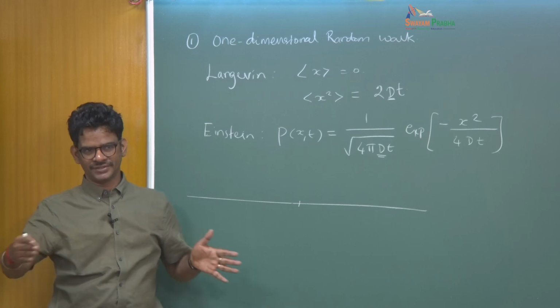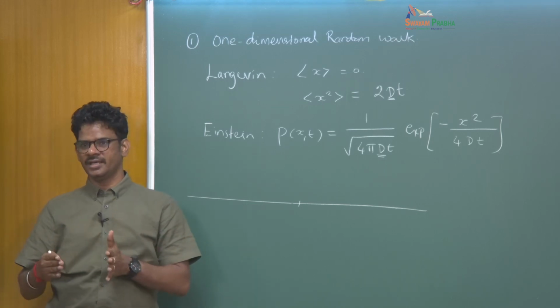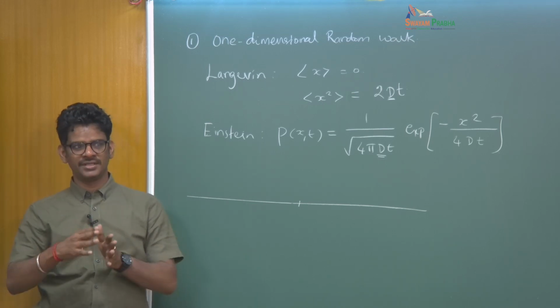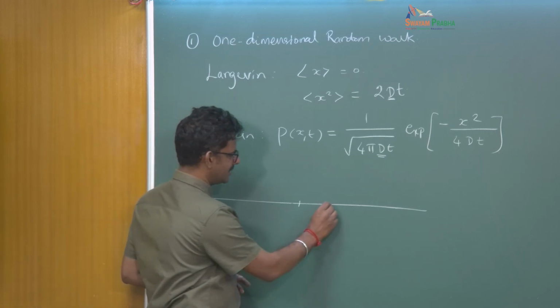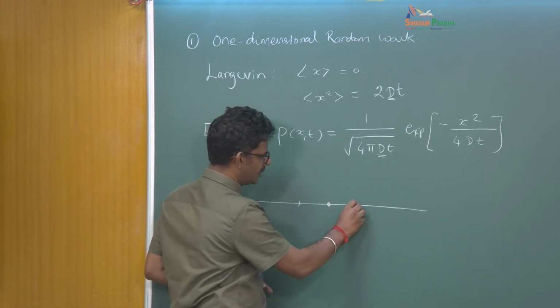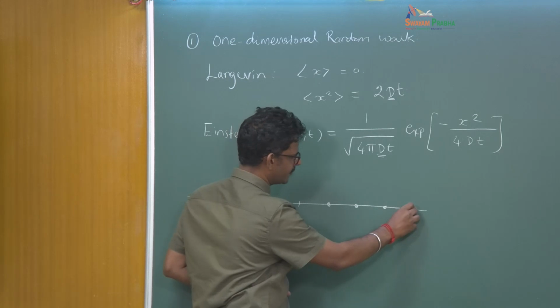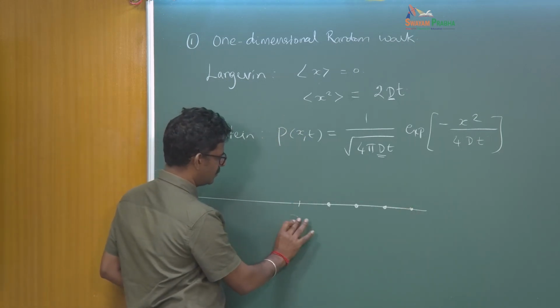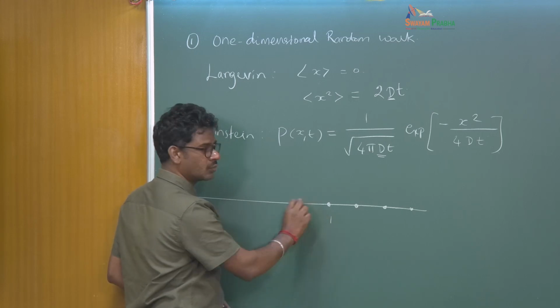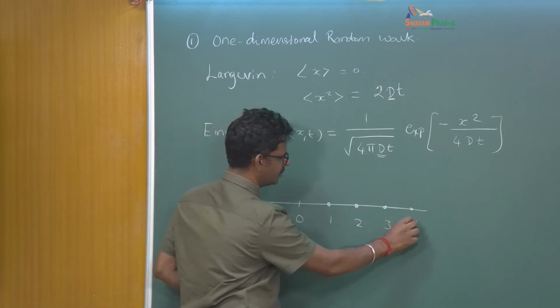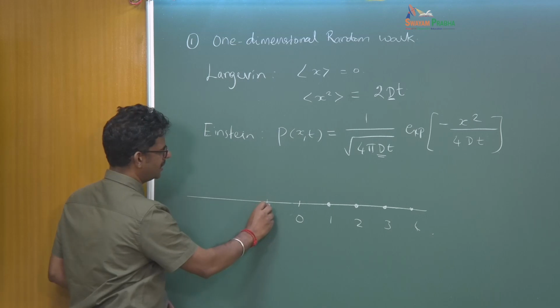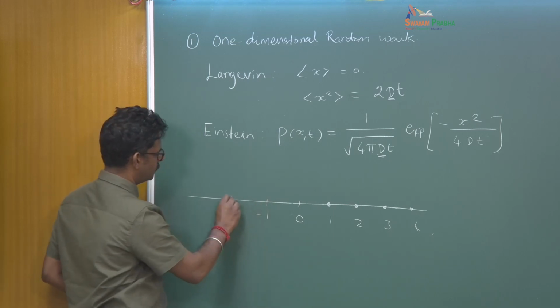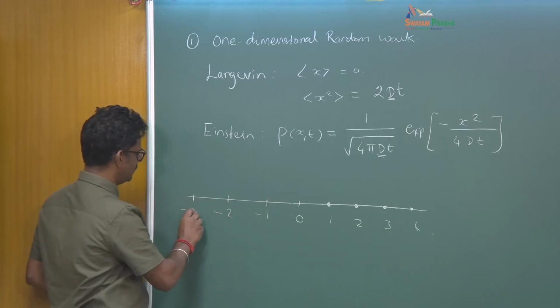Imagine that you have a lattice and the particles can only take those well defined lattice positions and nothing in between. There is a lattice point here, another one here, all equidistant. So this is 0, lattice positions at 1, 2, 3, 4 and so on, and similarly it can go in the opposite direction, so -1, -2, -3.